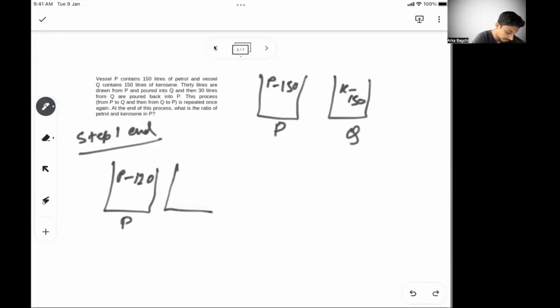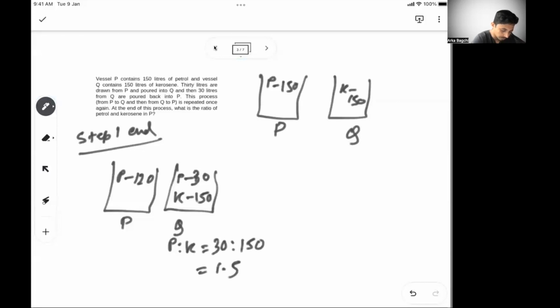But Q will have petrol of 30 because this 30 liter petrol has been added, and kerosene of 150. So in Q, your petrol to kerosene is now in the ratio of 30 is to 150 or 1 is to 5, right? So after the first step ends, your petrol to kerosene is 1 is to 5.